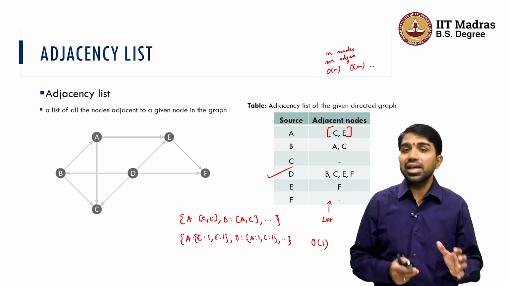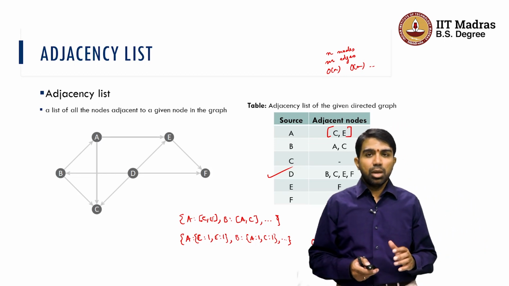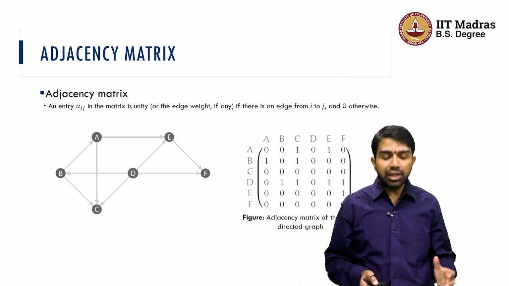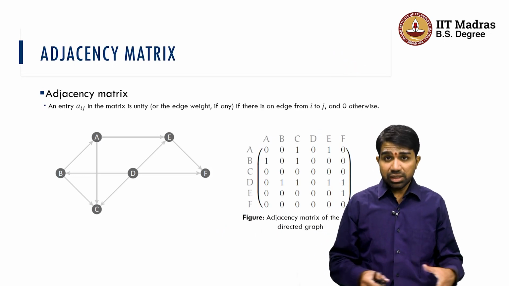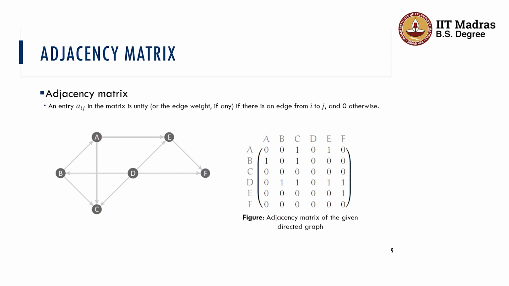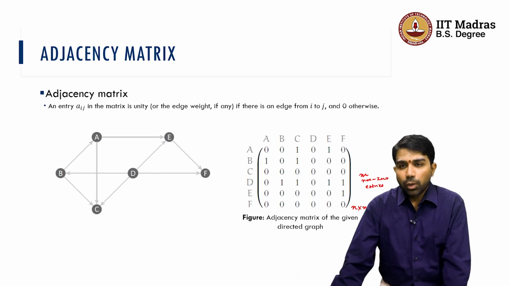There is also another nice mathematical representation, which is an adjacency matrix, where you can represent the graph by a matrix of size n cross n with m non-zero entries. So, what is this matrix?